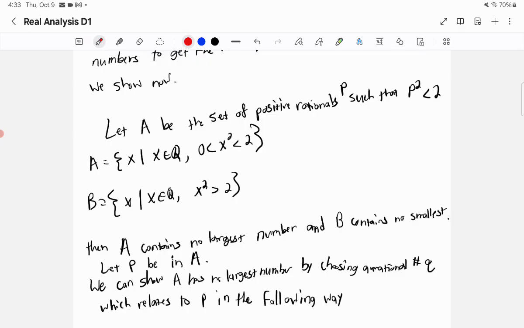Similarly, I'll choose a set B to be the set of all rational numbers again, but that are greater than the square root of 2, with x squared greater than 2. So we're trying to see, is there a rational number that sits around the square root of 2, essentially.